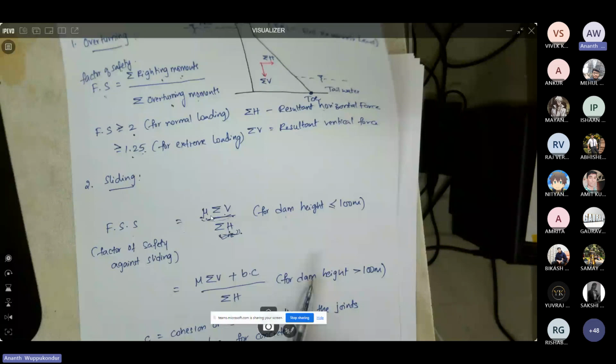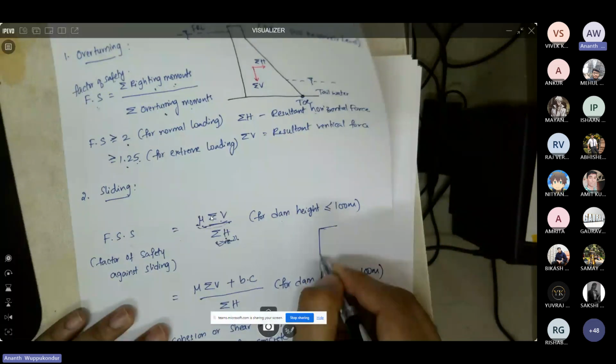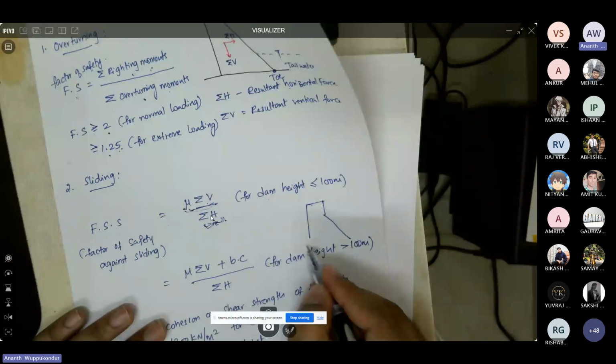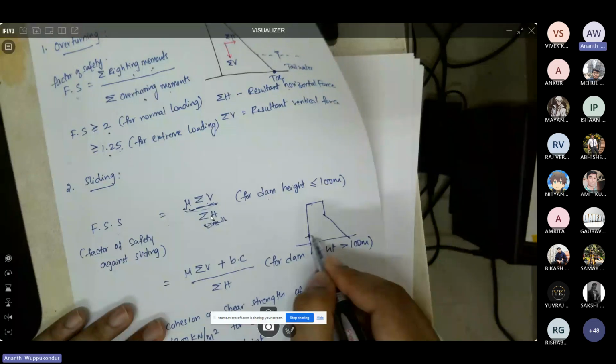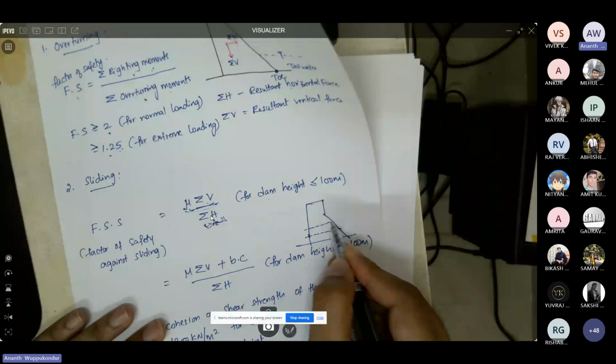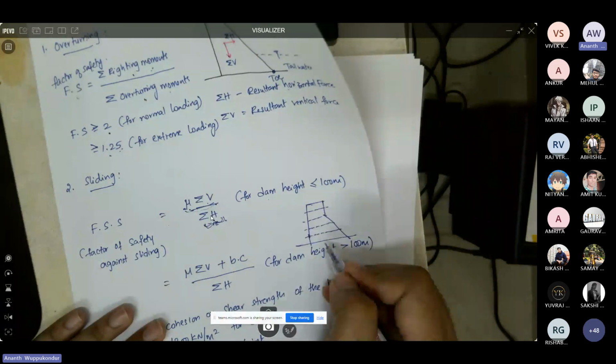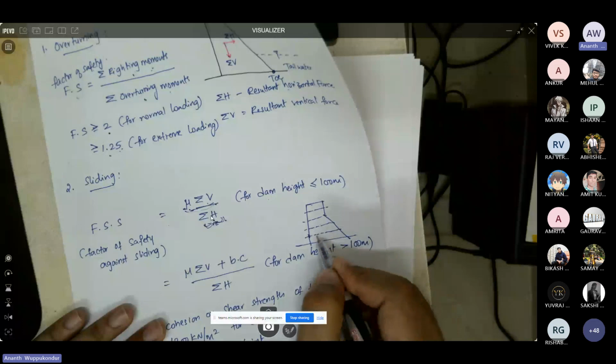usually the dam is built in stages. So let us say this is the section of your dam, and usually you start putting concrete up to this level, and then you would put concrete on top of that level. Again, you would put concrete on top of it. So you're going to build the dam in stages.